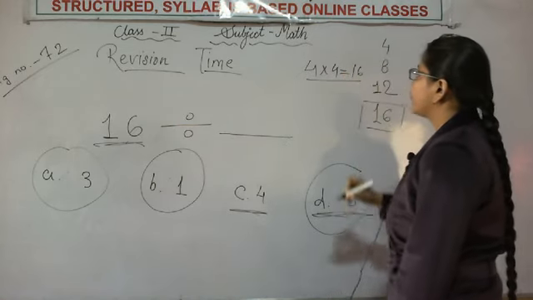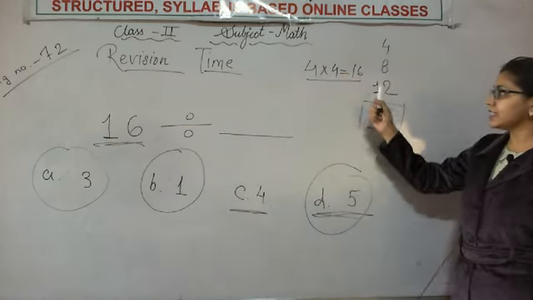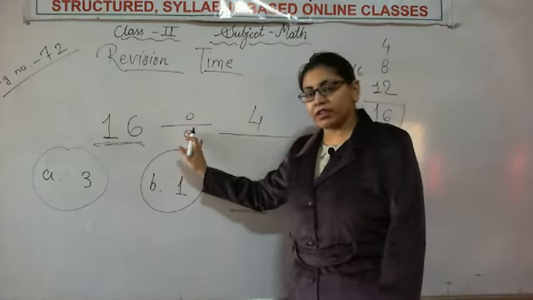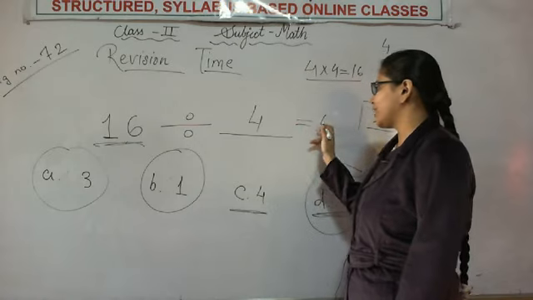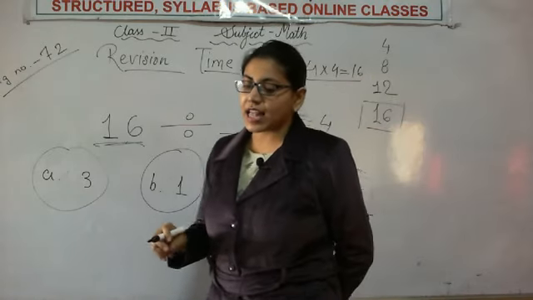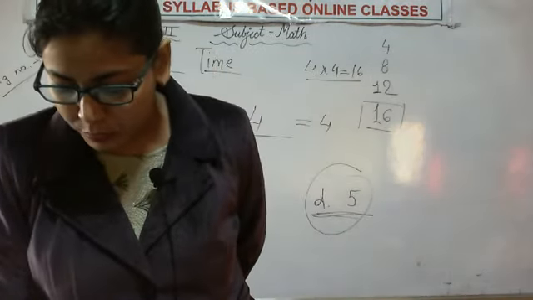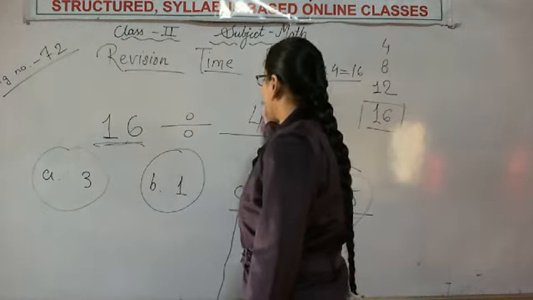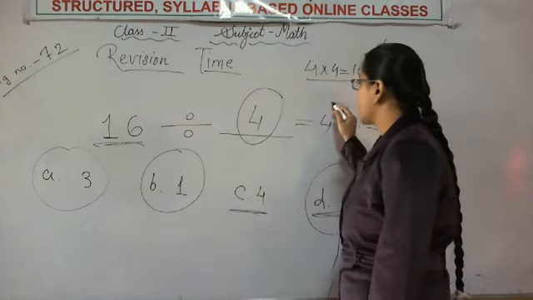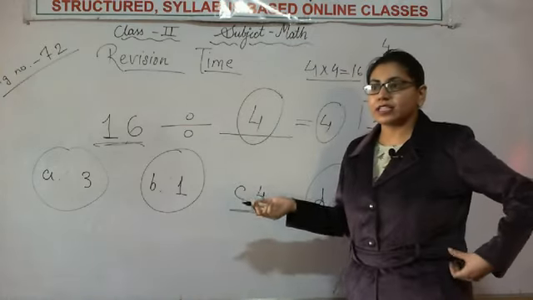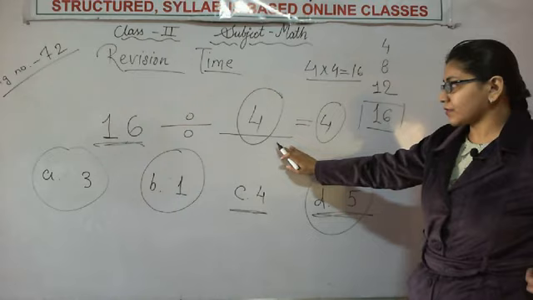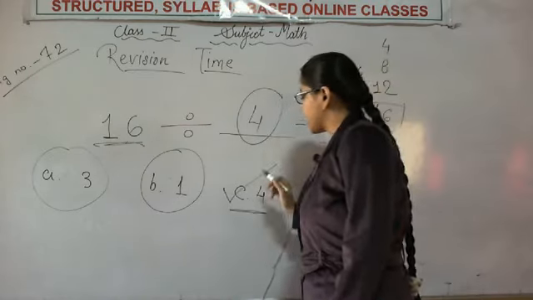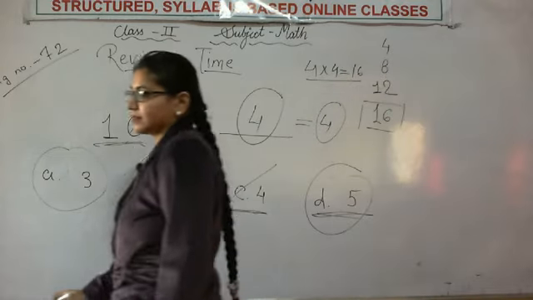If we multiply 4 into 4, we will get 16. So if we divide 16 by 4, we will get 4. And what is the question asking us? 16 balloons can be divided into equal groups. If we make 4 groups containing 4 balloons in each, we will get 4. So C is the correct option. So all of you tick C.